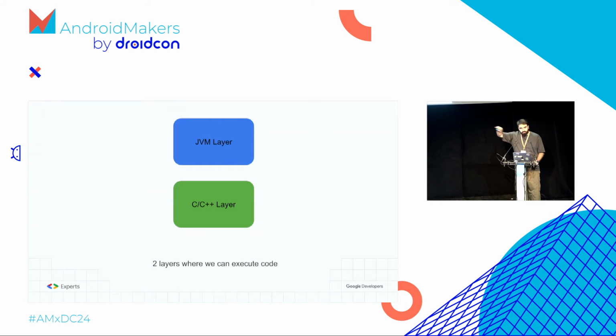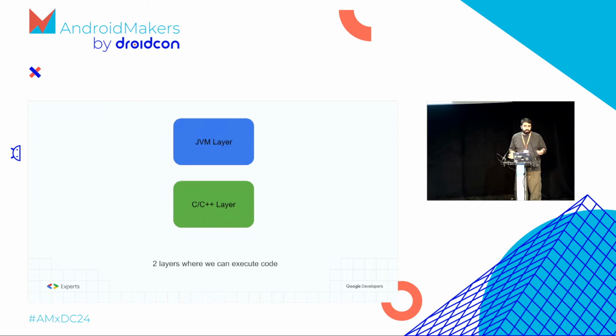So just to recap for the folks, those are two layers in Android where we can execute our code. Most of the time we write our applications for the JVM level. So the Android SDK compiles against it, and the application runs on the JVM. And then we have another layer, the native layer, what we have the NDK for, just to run our code on this native layer.